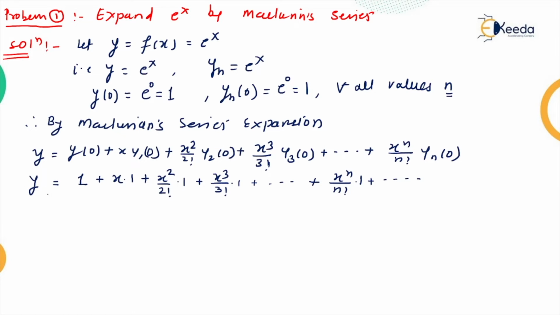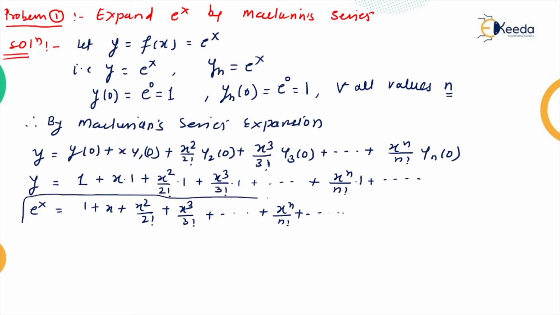Since y is equal to e to the power x, this is equal to 1 plus x plus x square divided by 2 factorial plus x cube divided by 3 factorial plus and so on, plus the nth term x raised to n divided by n factorial, and so on. We get the infinite series expansion, and this is your standard result, the expansion of e to the power x.